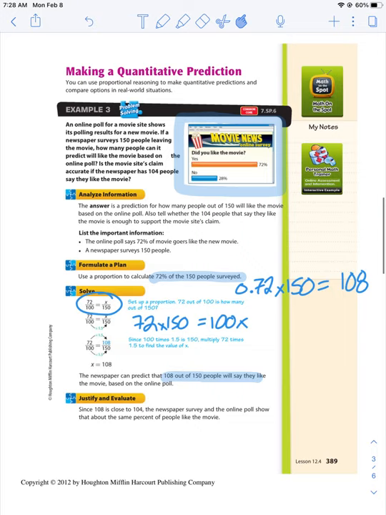So there was a second part of this question. Is the movie site's claim accurate if the newspaper has 104 people say they like the movie? Since 108 is pretty close to 104, the newspaper survey and online poll show about the same percent of people like the movie. So yes, it is accurate.